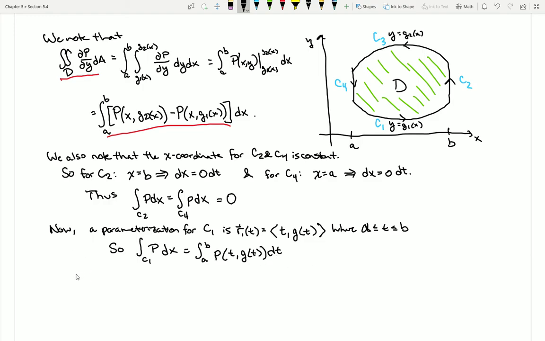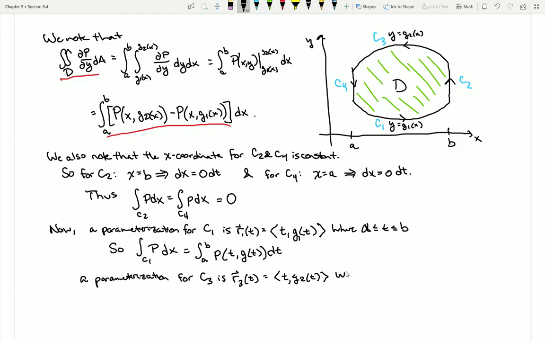Notice that in the same way, I could say that a parameterization for C3 is, well, let's call this R3, and this is going to be t comma G2 of t. Oops, this one up here should have been G1, indicating that I was on the bottom.